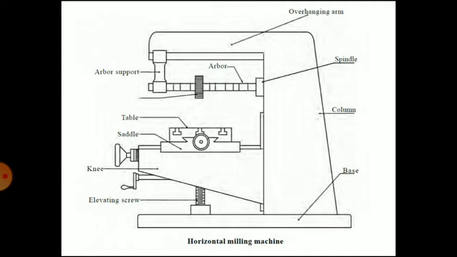There is an arbor for mounting the cutter, and that arbor is attached to the spindle. So the cutter is rotating at one place, and the work that is on the table is fed against the rotating cutter. That is the principle used in the machine.